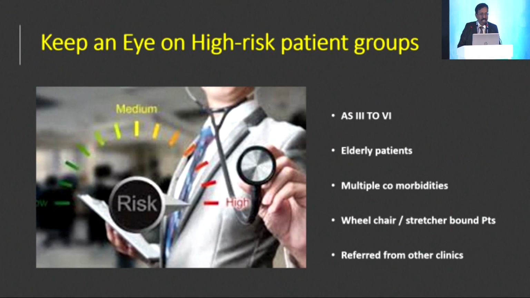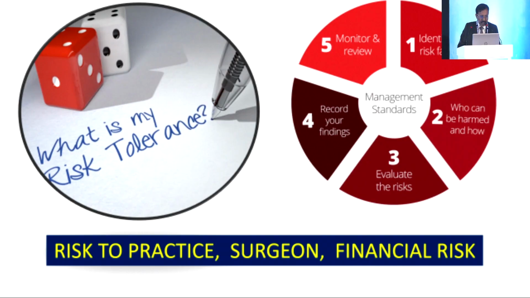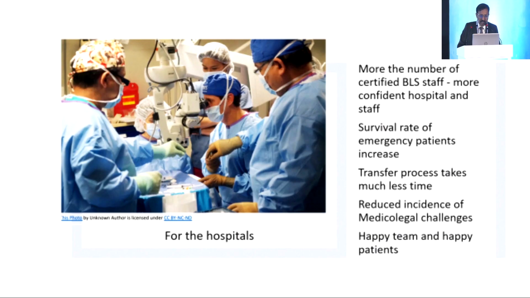So always keep an eye on the high-risk patient group: elderly patients, patients with comorbidities, wheelchair-bound patients, and patients referred from other clinics, like patients with CKD. So there is always a risk to practice, to the surgeon, as well as a financial risk, because of not adhering to these standard procedures. And it's always better to have a larger number of certified BLS staff, train them and keep them with us. At some point of time they will help us.